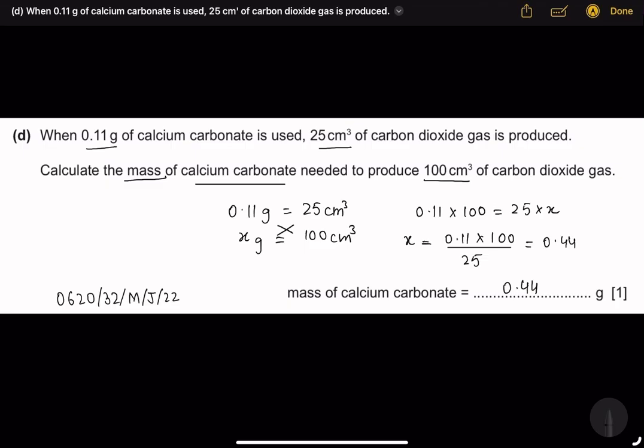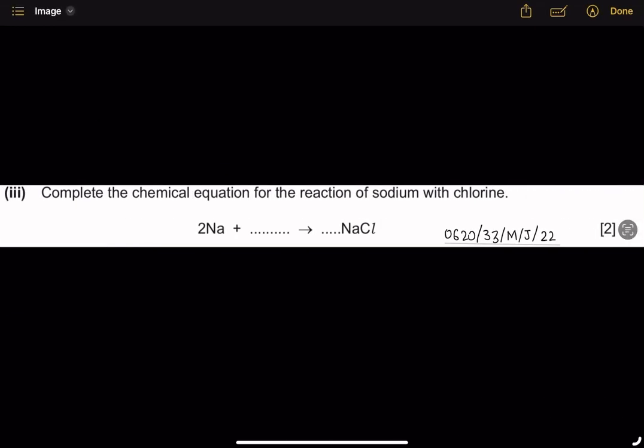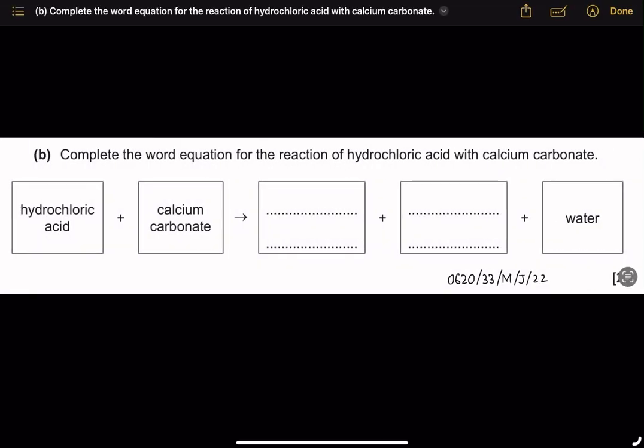Now let's move on to the next question. So again, we have the next question: complete the chemical equation for the reaction of sodium with chlorine. So 2Na plus Cl2 gives 2NaCl. This is a balanced chemical equation for this reaction. Now we'll move to the next. We again have a word equation and it's the same one if I'm not wrong.